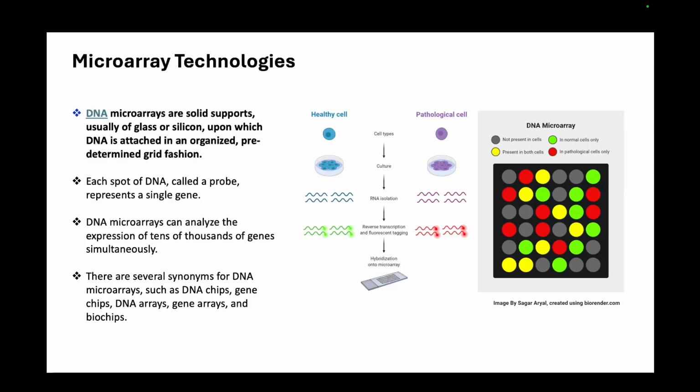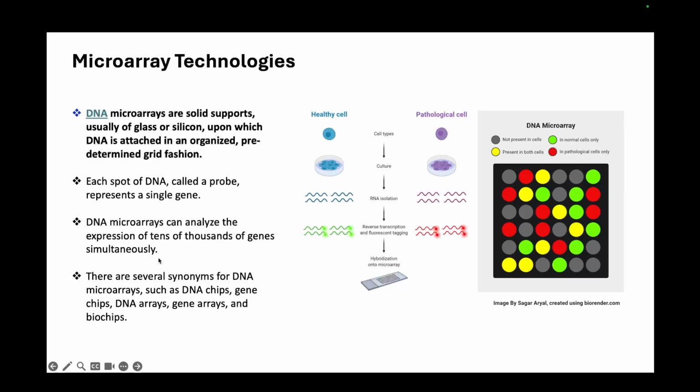You attach these DNA probes at different points in the slide, and you know which probe of the DNA has been attached where. Each spot of DNA is called a probe, and it usually represents a single gene. These DNA microarrays can analyze the expressions of tens of thousands of genes simultaneously.